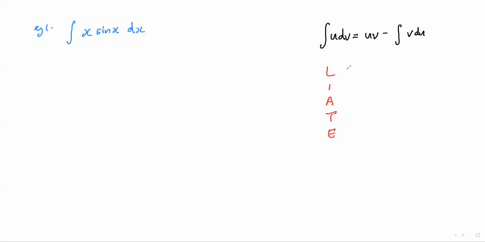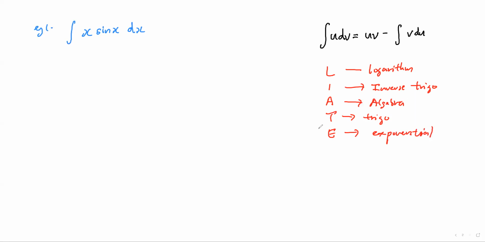L stands for logarithm, I stands for inverse trigo, A stands for algebra, meaning it could be a constant, x, x squared, or polynomials in general, T stands for trigo, and E stands for exponential.